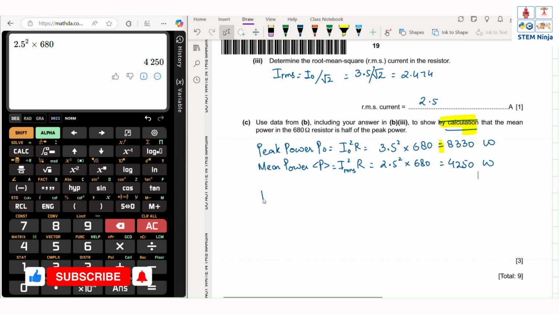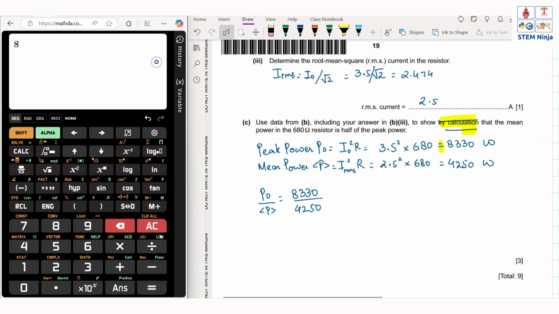So when we take the ratio P naught over P, 8330 divided by 4250, that is 1.96, approximately 2, which means that P naught is equal to 2 times the mean power.